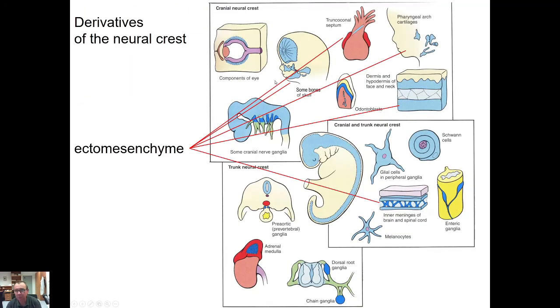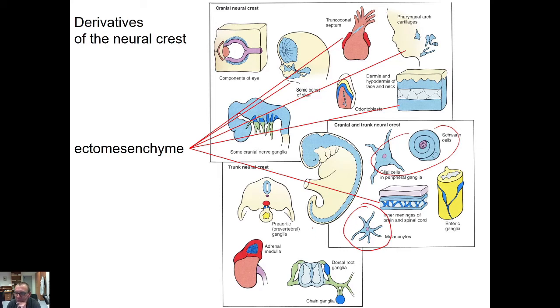Neural crest can develop in many ways. It is visible here. Neural crest can develop towards glial cells, for example, Schwann cells or satellite cells in ganglia. Neural crest can develop into melanocytes which migrate to skin.